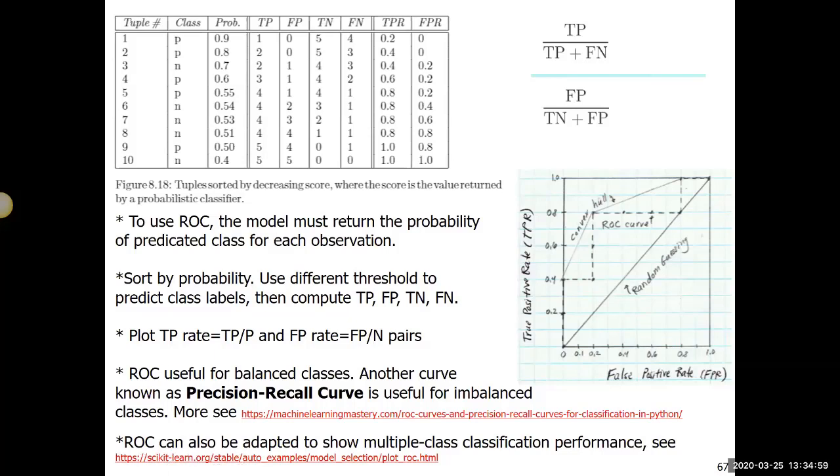No, this is the system's output. Oh, okay, I see. This is the system's output for tuple 1. So for example, in this case, the system predicts the probability of 0.54 of being positive. Okay, I understand. I just want to make sure all the other students also get it.